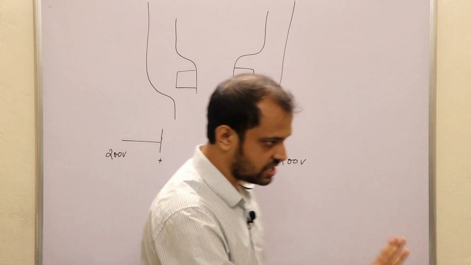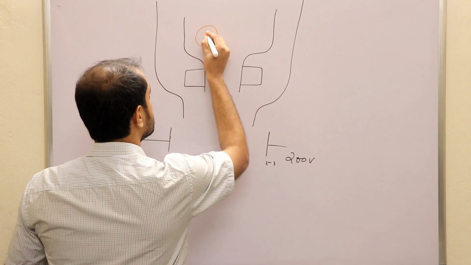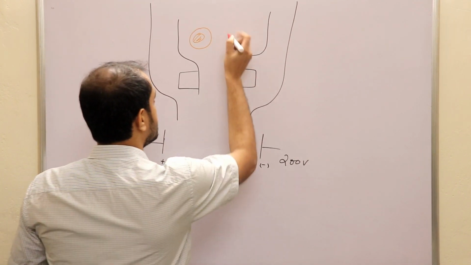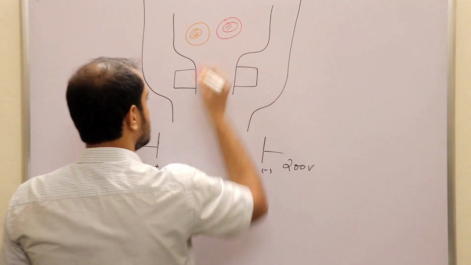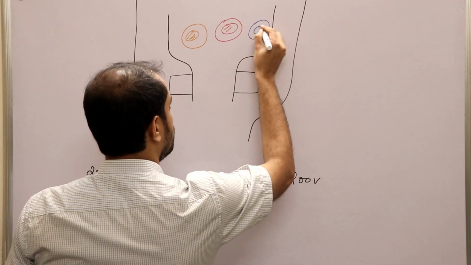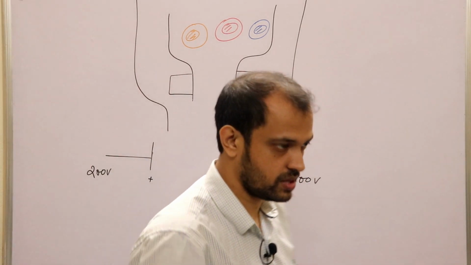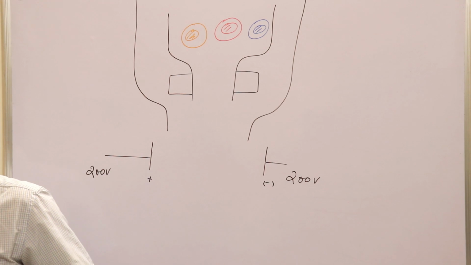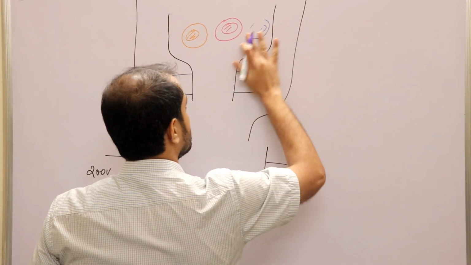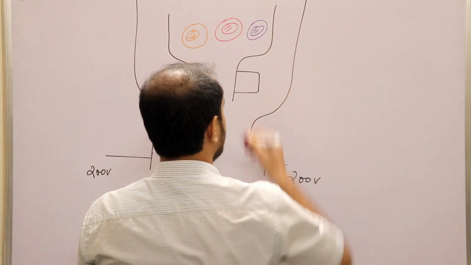The first one is the yellow one, the second one is the red one, and the third one is the violet one. I need to use violet because I will be drawing the fluid in blue.